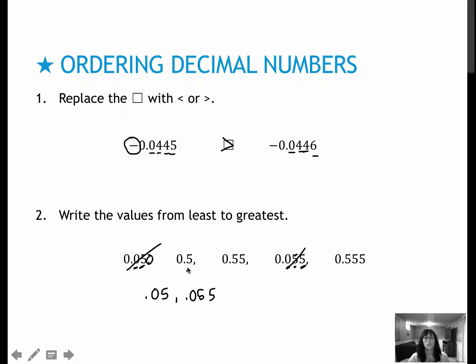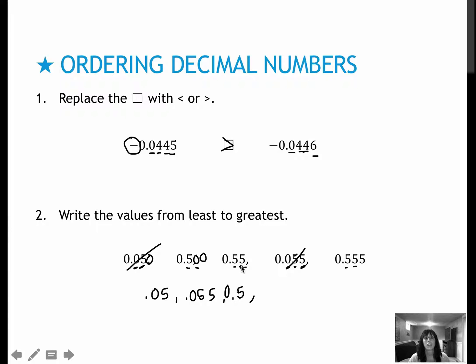Now let's move on to the ones that have a 5 in the tenths place. Again, not a bad idea to add some zeros if you need to, just for reference. So we know they all have a 0.5, so a 5 in the tenths. In the hundredths, I have a 0 and a 5 and a 5. So obviously this one's going to come next, 0.5.